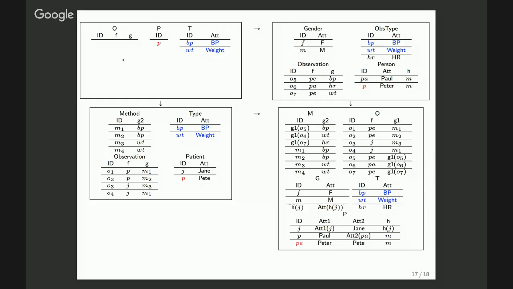So this is a relatively simple overlap instance. It just says that we have 1 person in both that we call P, and that we have 2 types in common in both inputs, blood pressure and weight. So you give this information to the SQL tool, and it computes the pushout of it and shows it to you as in the lower right.